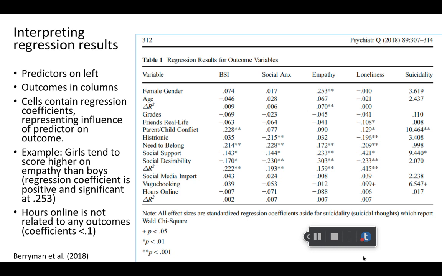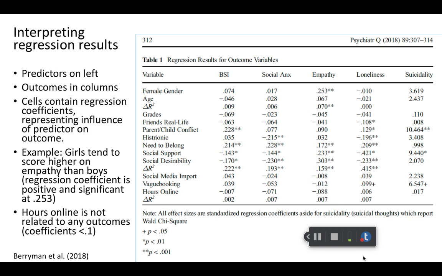And the numbers in the cells contain what are called regression coefficients. These represent the influence of the predictor variable on that outcome. And they show whether it's positive or negative, and they show how strong the influence is. So you can interpret regression coefficients sort of like correlation coefficients. They have some of the same meaning, but again, here we're controlling for the influence of other variables.